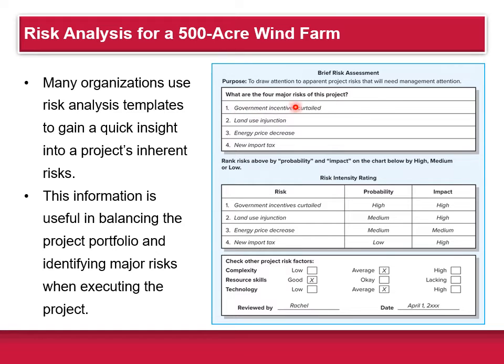What are the major risks of this project? What's the likelihood of government incentives curtailed, land use injunction, energy price decrease, new import tax? I mean, these are all risk values. So this gets submitted for each project, so that the project manager can determine the inherent risk involved with actually even doing the project.